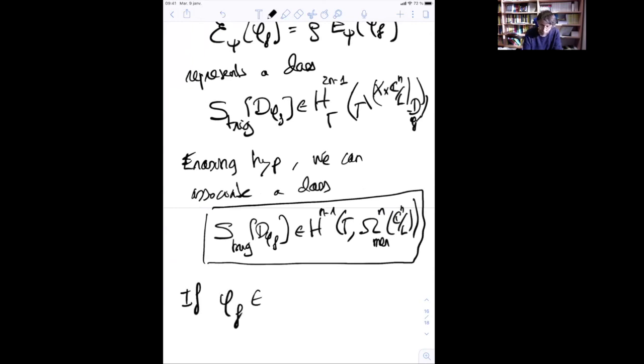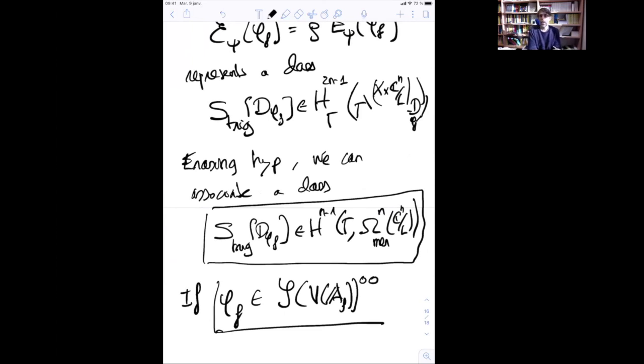And the last thing to say is that if phi f moreover belongs to this space where we impose some condition at the cusp corresponding to E1, then it means that all the construction here we can redo by pushing to the boundary.